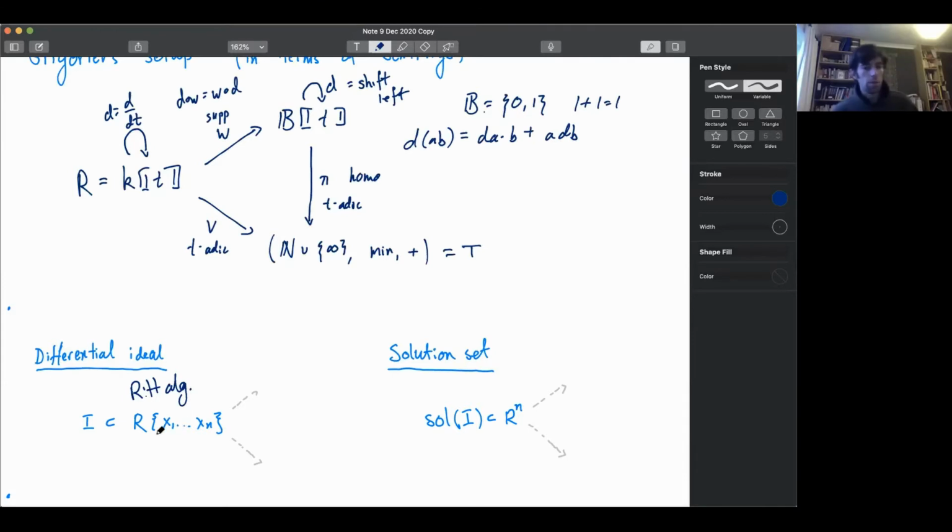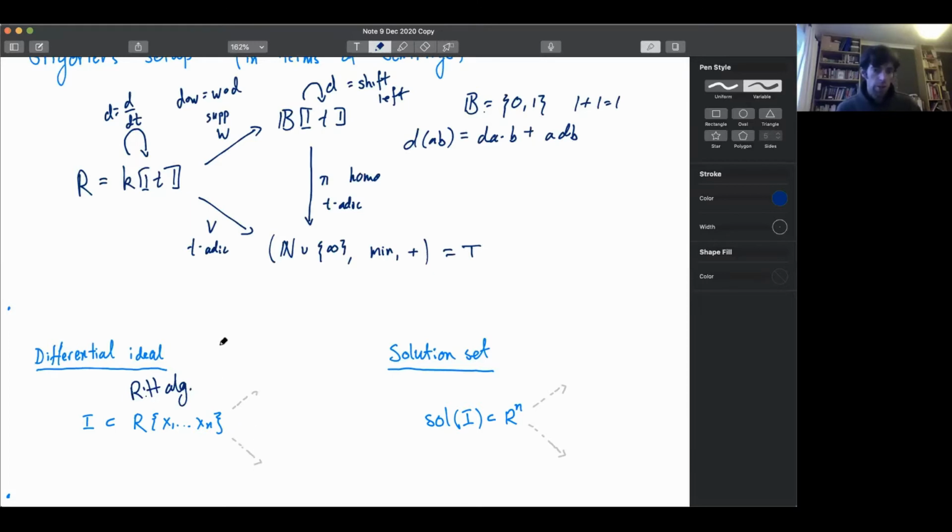So you can think of this as an ordinary polynomial algebra in x1 and x1 prime and x1 double prime and x2 and x2 prime and x2 double prime and so on, arbitrary derivatives of x1 through xn. So if we have a differential ideal in this differential ring here, then I can tropicalize it.